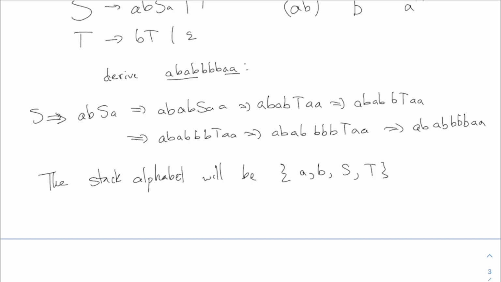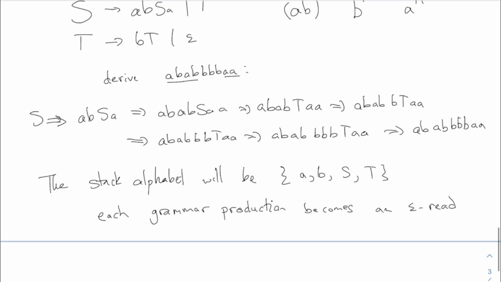All right? And here's how you do the translation. Each grammar arrow, remember those are called the productions, each grammar production becomes an epsilon read. And it looks just like the arrow does.